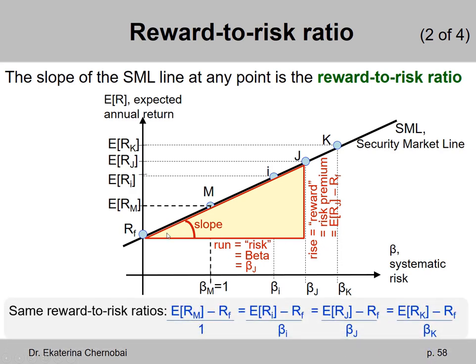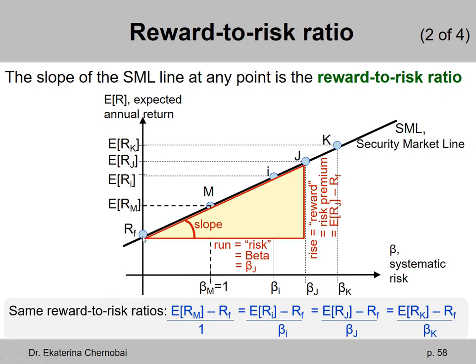And because at any point along this line, we can start not at the risk-free asset at which we measure the slope, but at the market portfolio point or stock I point, and so on. But at any point, the slope is the same, which means every stock along this line has the same reward to risk ratio.